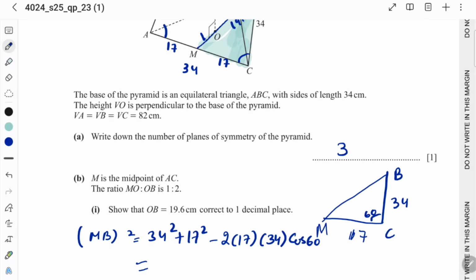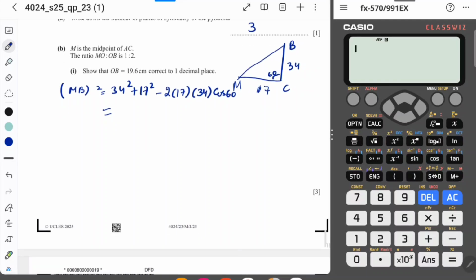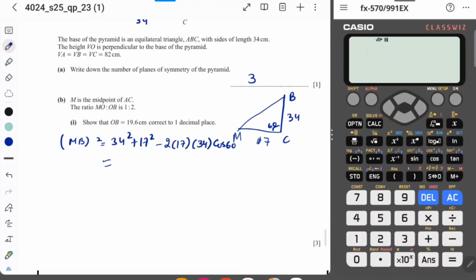So quickly find out, take your calculator. Let's see how many marks. It's 3 marks.